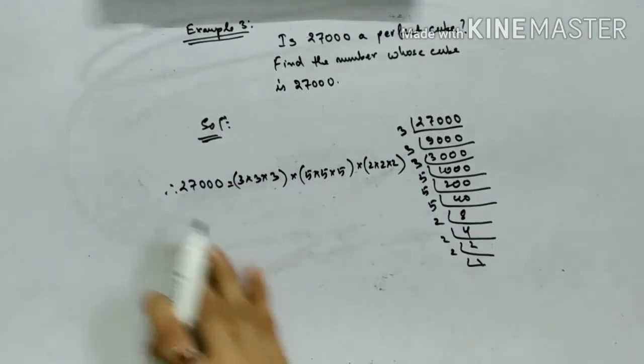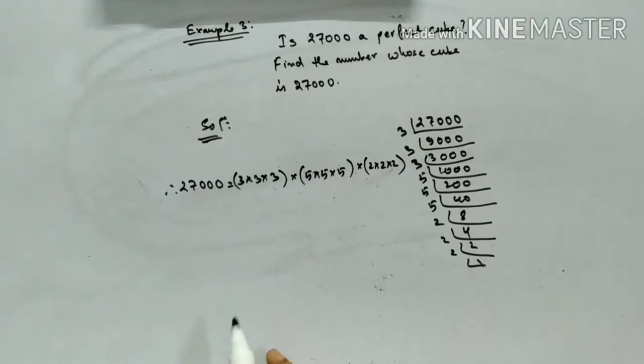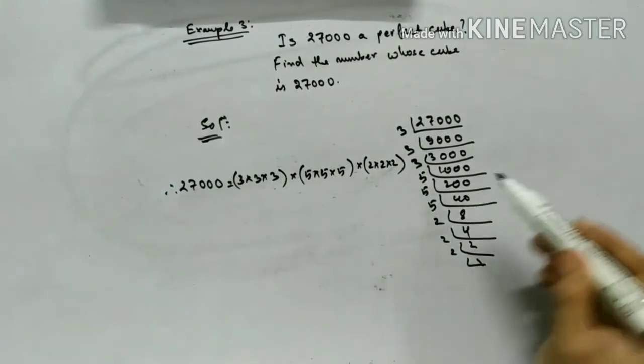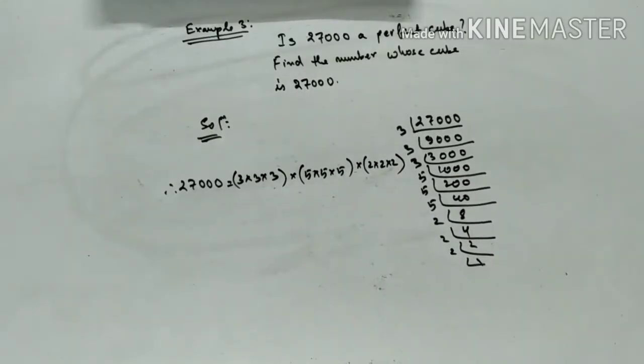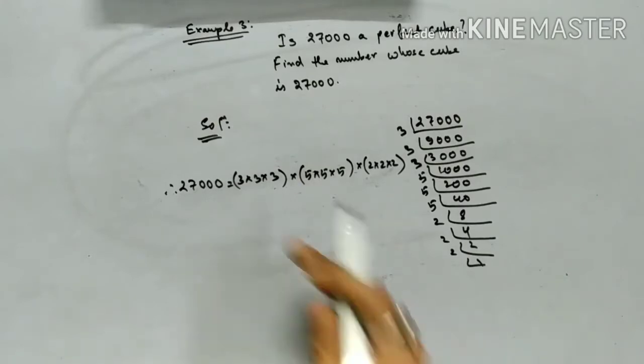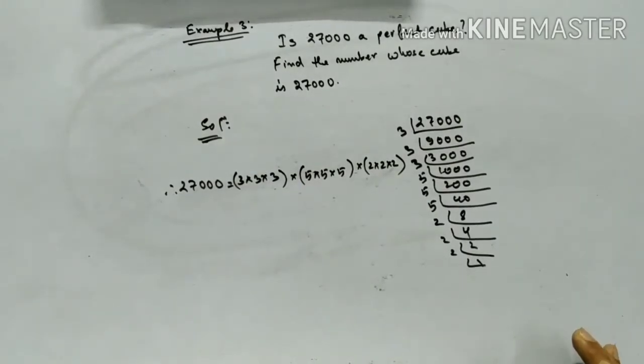So you see, each of these factors 3, 5 and 2 are forming the group perfectly. Yes, they are forming the group perfectly. There is no factor left over.